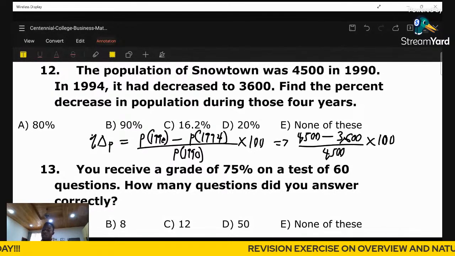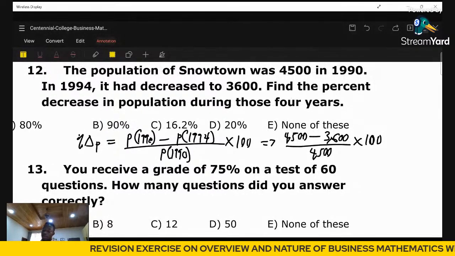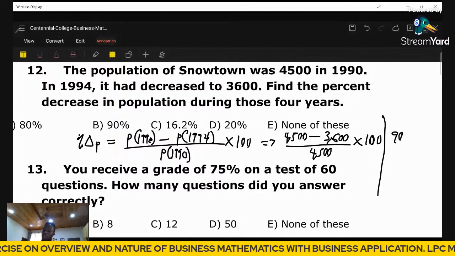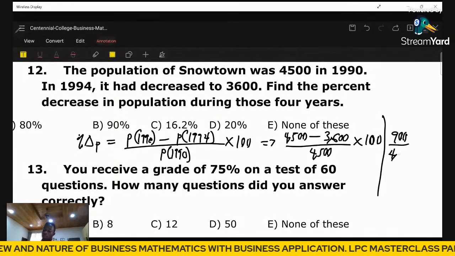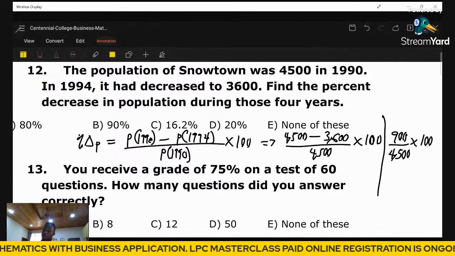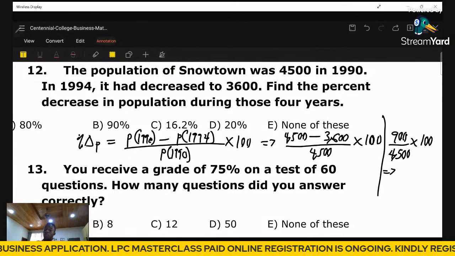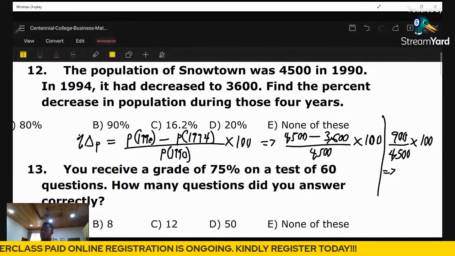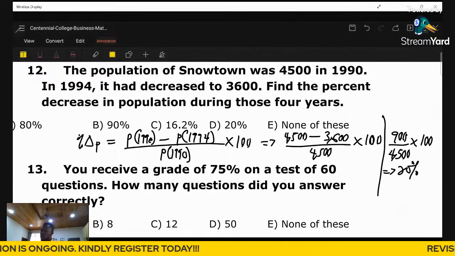So when you take the difference between the two, you arrive at 900 out of 4,500, and then multiply by 100. What are we getting at the end of the day? With your calculator, you should arrive at a percentage change of 20%.